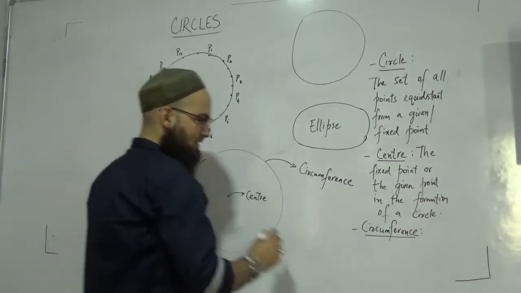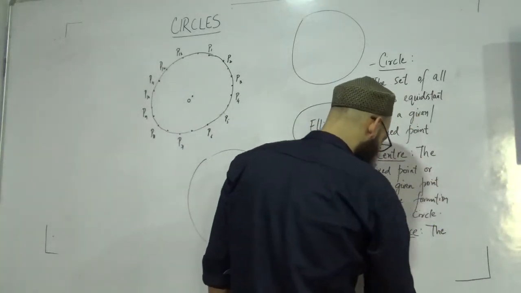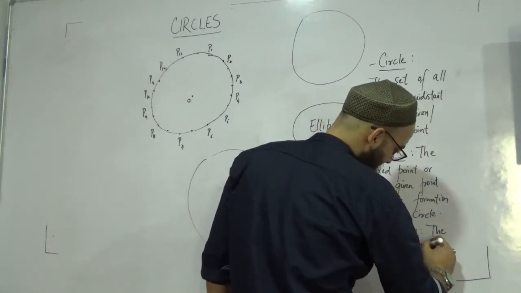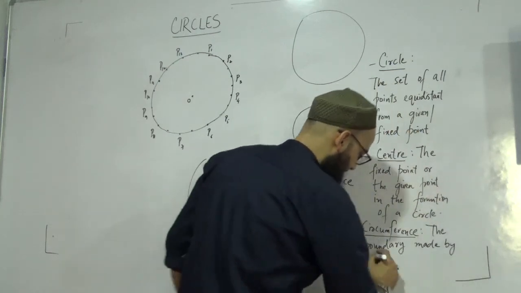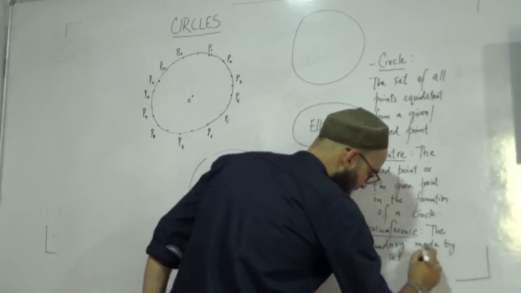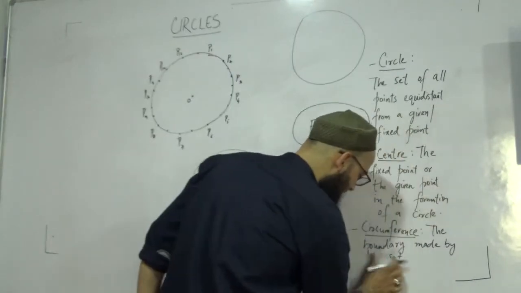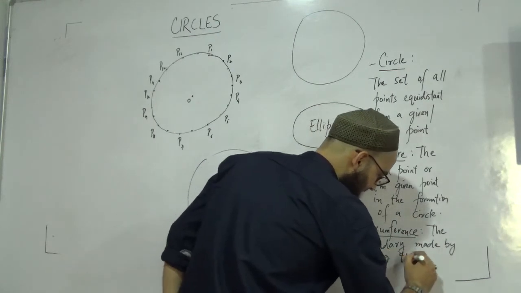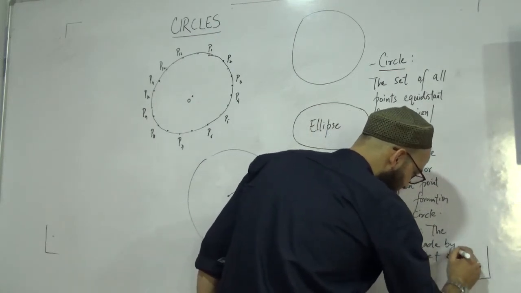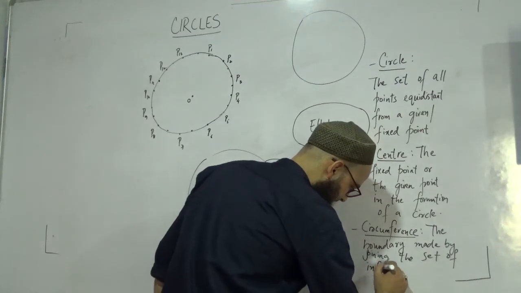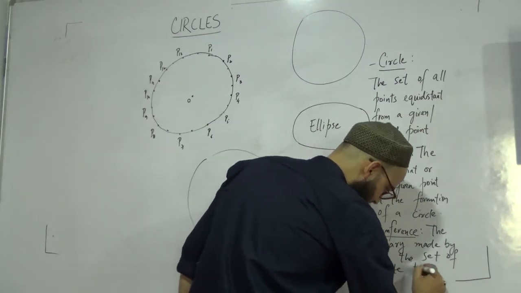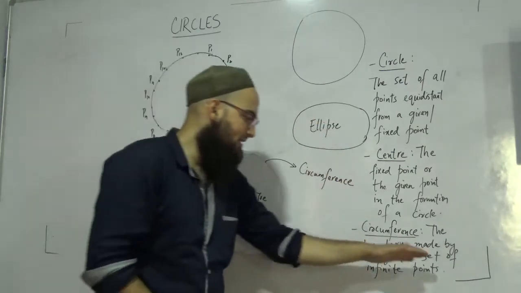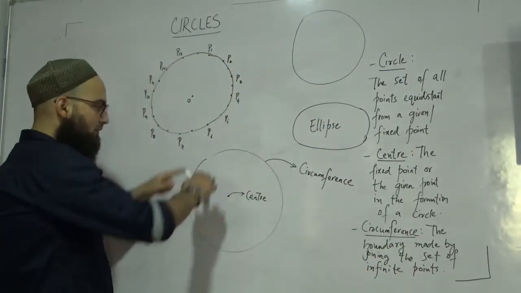The boundary of the circle, the boundary made by joining the set of infinite points. The boundary made by joining the set of infinite points, that's called the circumference of the circle.